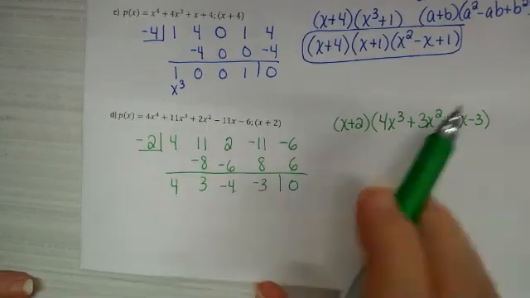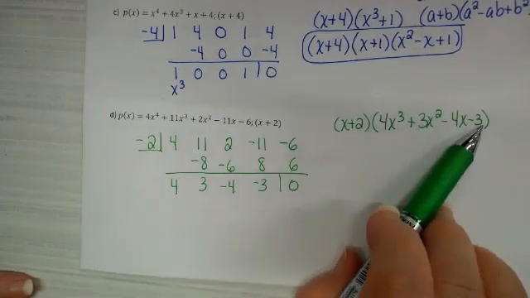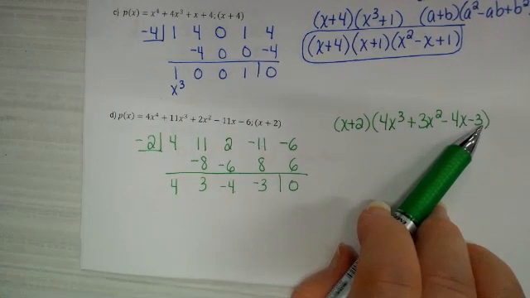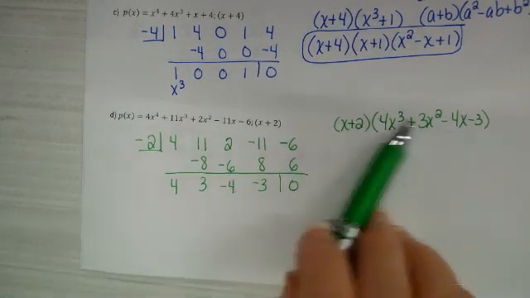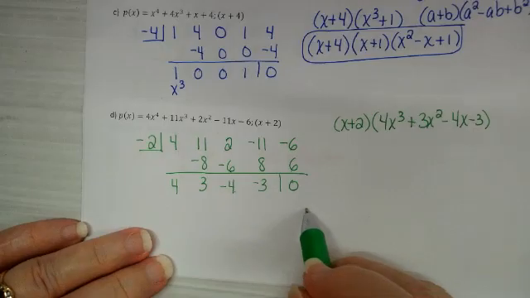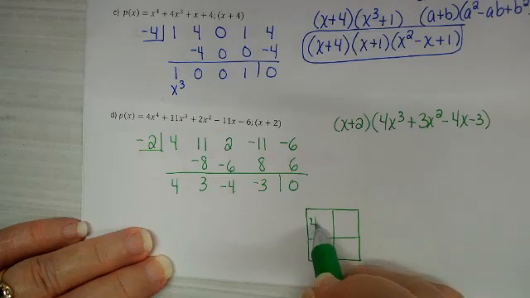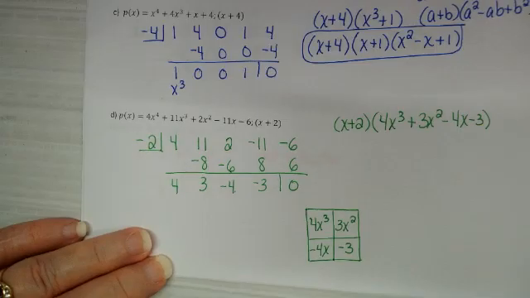So we've got to figure out if we can factor this 4-term polynomial. Well, the way we did that earlier was we put these in the box to see if I could factor it with grouping. So let's try. We're going to come down here and see what we get. I've got 4x to the third, 3x squared, negative 4x minus 3.